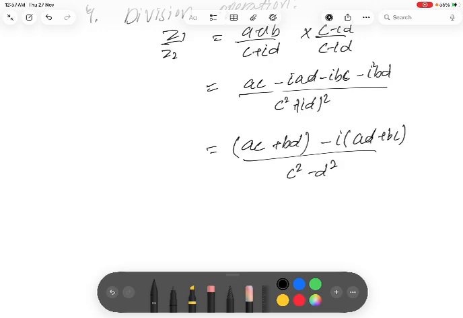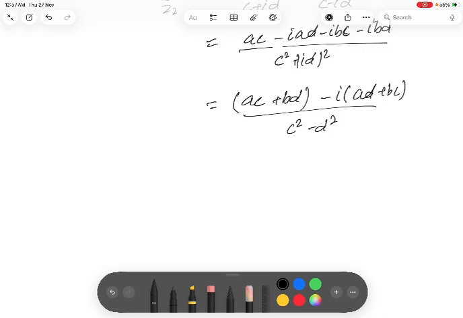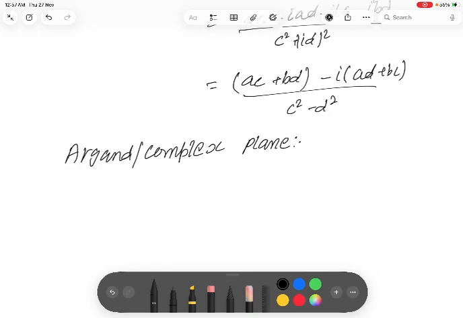Now one of the other important concepts is the Argand plane, or we say the complex plane. Like in real numbers, we have a real plane, that is the xy plane, here we have an Argand plane or complex plane.